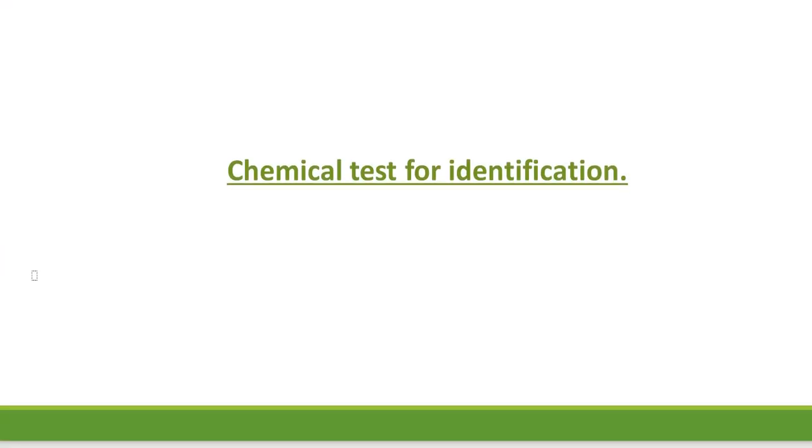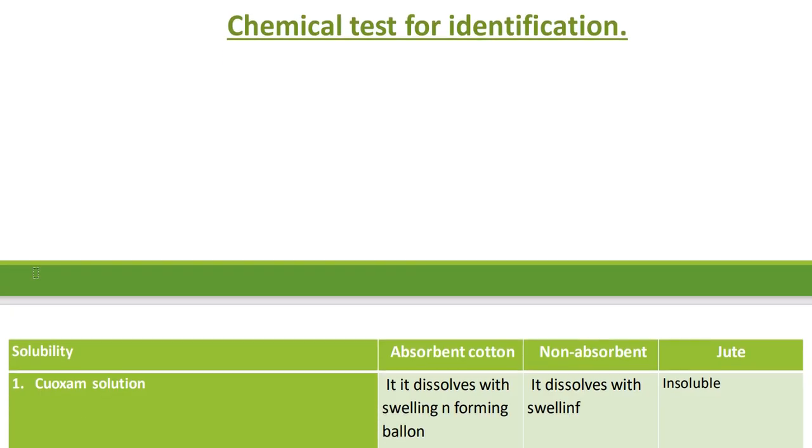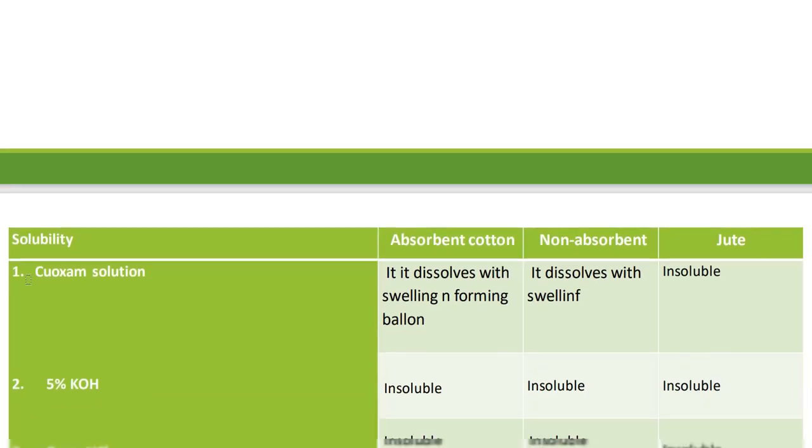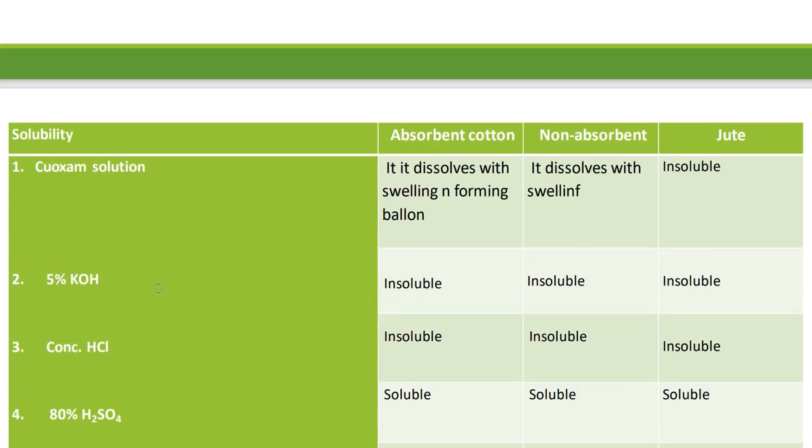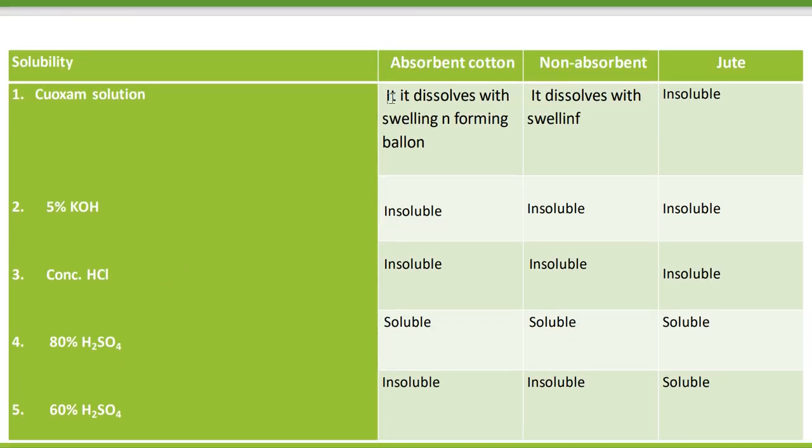Now, what are the chemical tests for identification? Okay, now there are two types of cottons: absorbent cotton, non-absorbent, and we have also studied about jute. So, coaxum एक solution होता है, अगर उसमें we are putting the cotton, it will obviously absorb that solution and swell like a balloon.